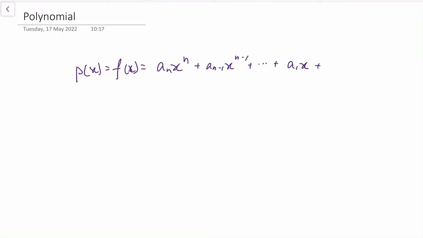And then lastly, you could have a term with x to the power of 0, so just a number. But you cannot have any power of x that is negative or fractional, or you also cannot divide by x. So if you have 1 over x, this is not a polynomial.